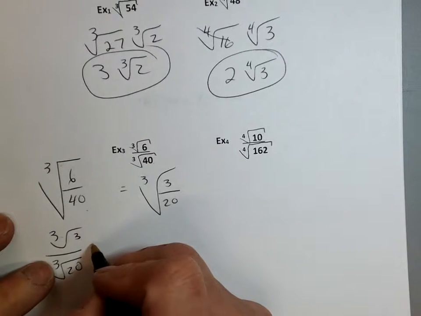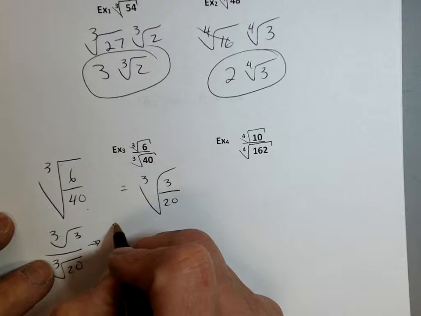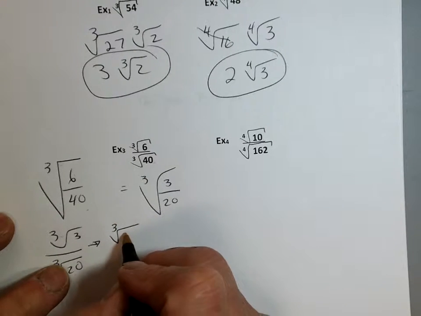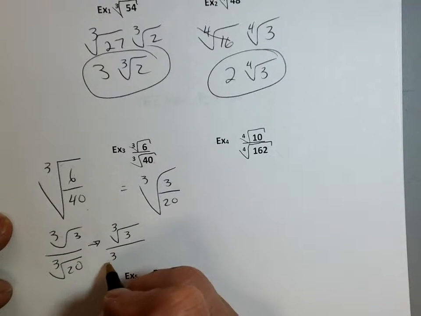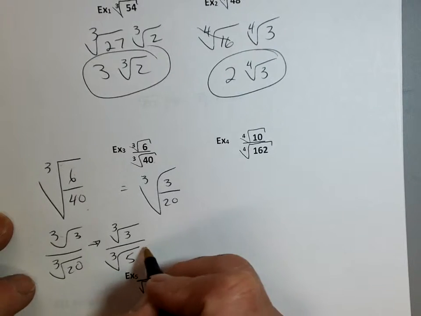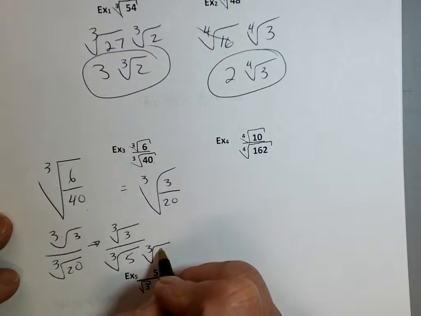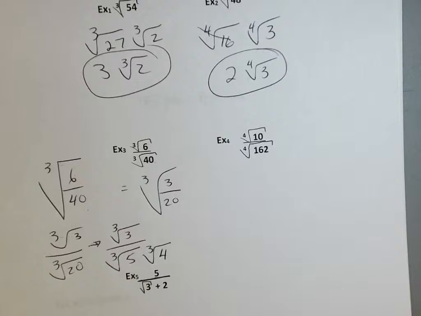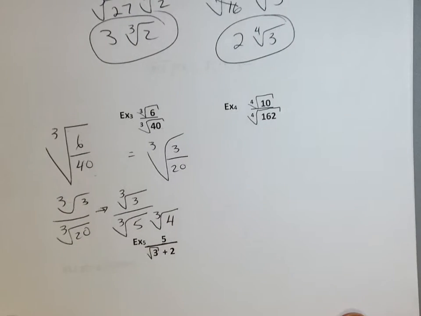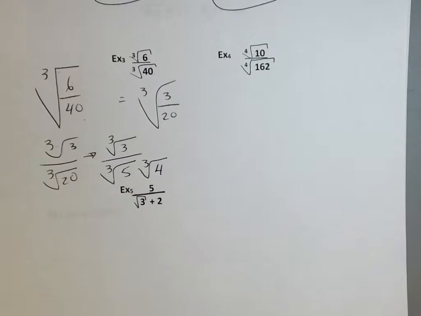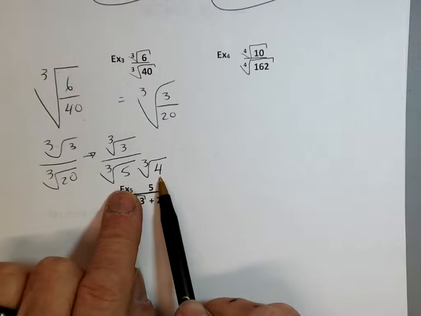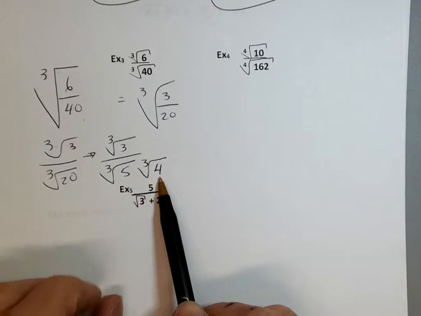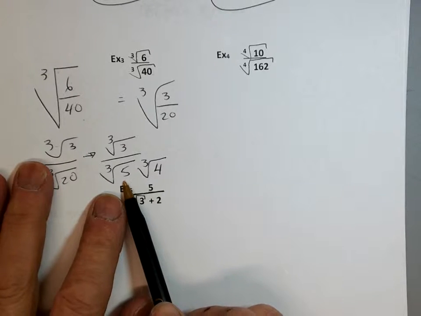Yeah, I like that actually. This one's a little bit hard, but I think we can do this. Cube root of 5, cube root of 4, right? So what am I going to get rid of on the bottom? How am I going to get rid of the 5?